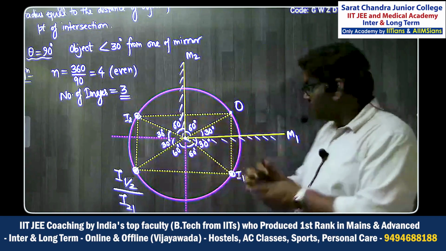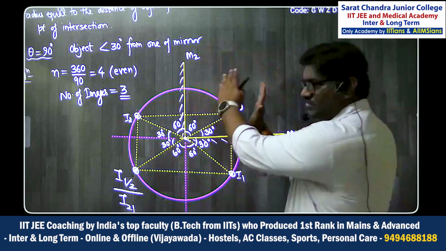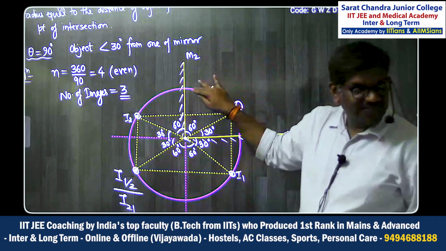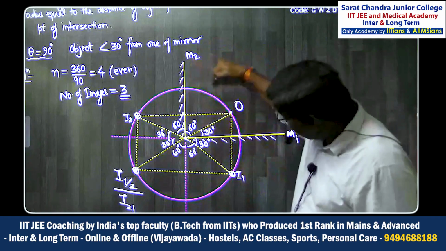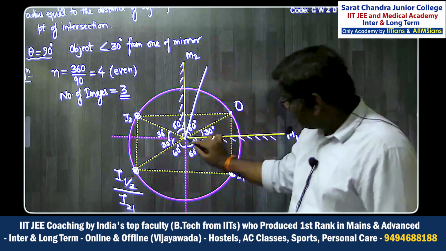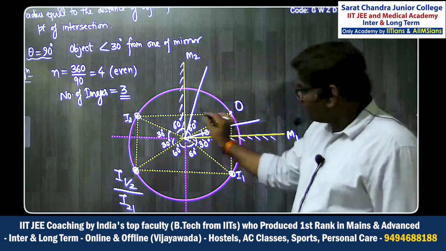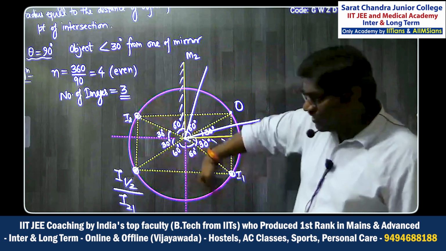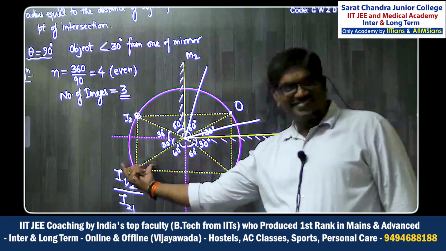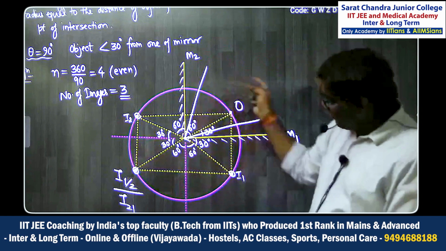Now there is a very interesting thing. Suppose I rotate this mirror and reduce this angle, listen carefully. If I reduce this angle, the mirror is like this. The angle is less, so the corresponding images shift closer. This will again split into 2. So it becomes 4 now. Understand? All lie on the circle.